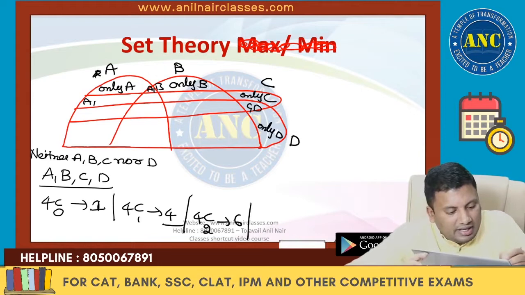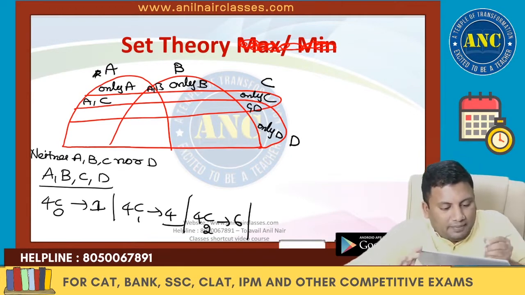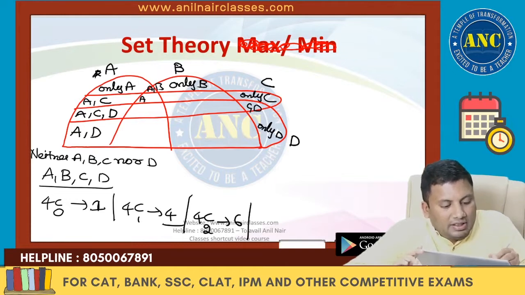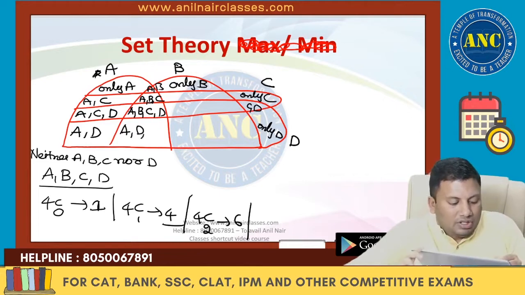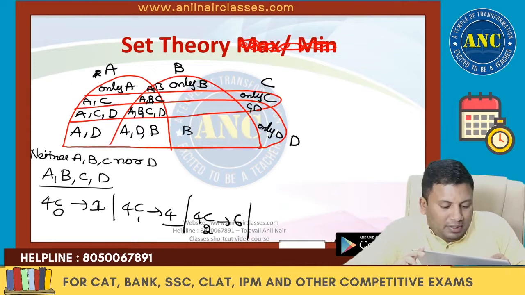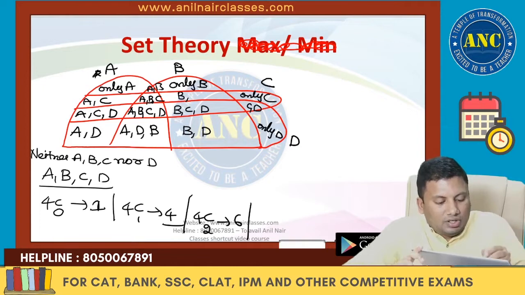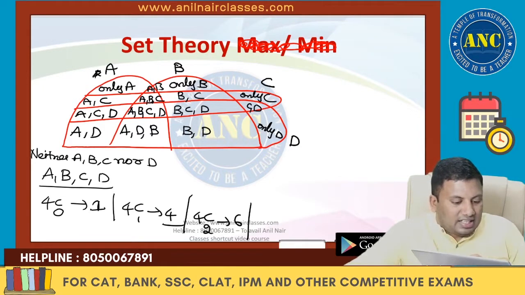It is present in A, it is present in C. These are present in A, these in C, these in D. This is present in A, these also present in D. This is present in A, these in B, these in C. These present in A, B, C, D. These in A, these in D, these also in B. This is present in B, these also in D. These in B, these also in C, in D. This is present in B and it is also present in C. 4C2, totally 6 regions I need to get.